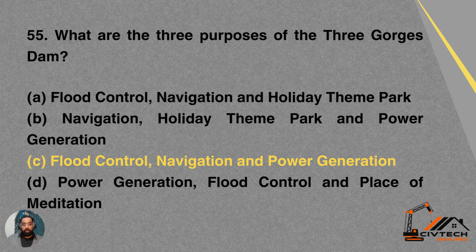Option D, power generation, flood control, and place of meditation. So the purpose of constructing the Three Gorges Dam is option C, flood control, navigation, and power generation. So C is the correct answer for this question.